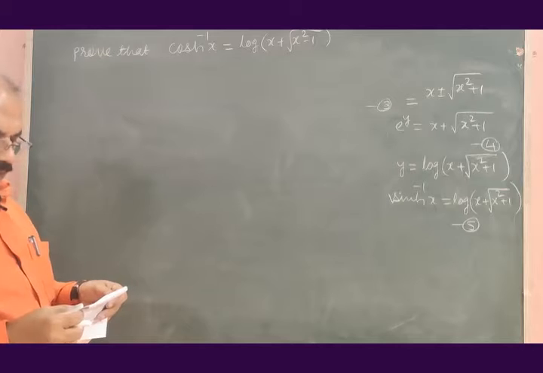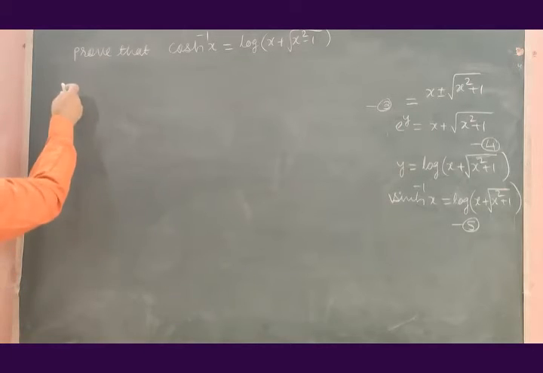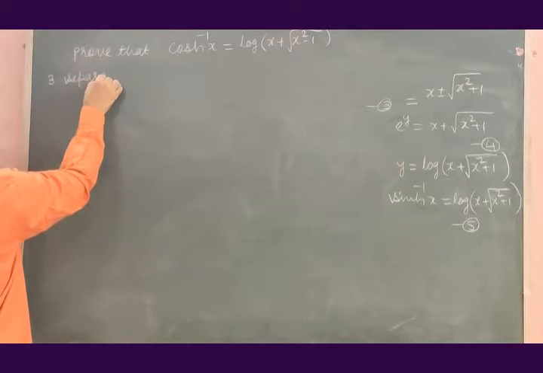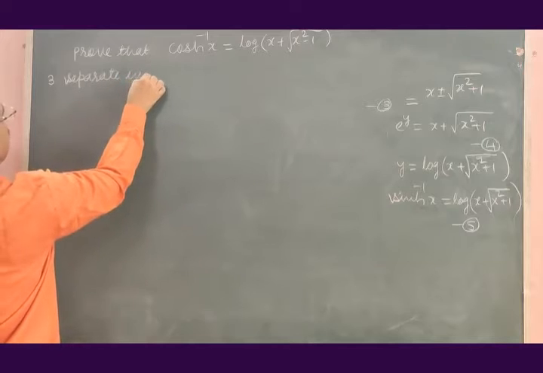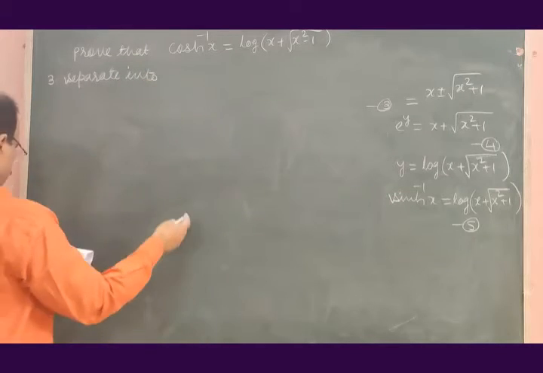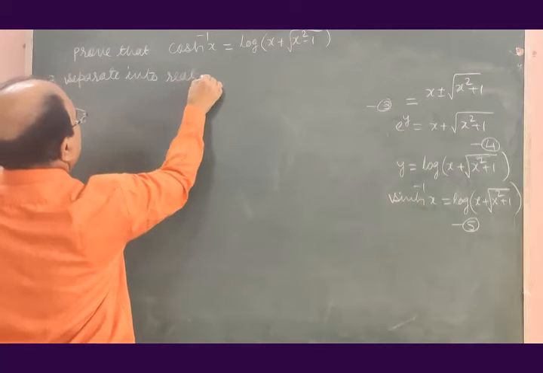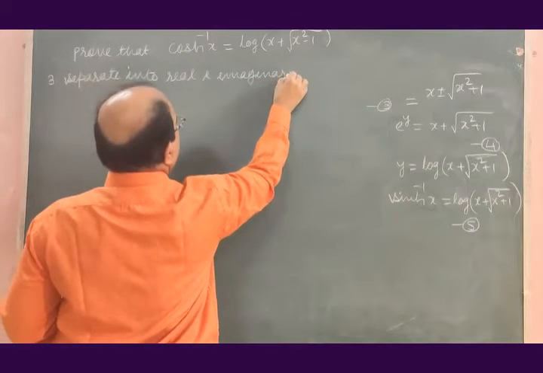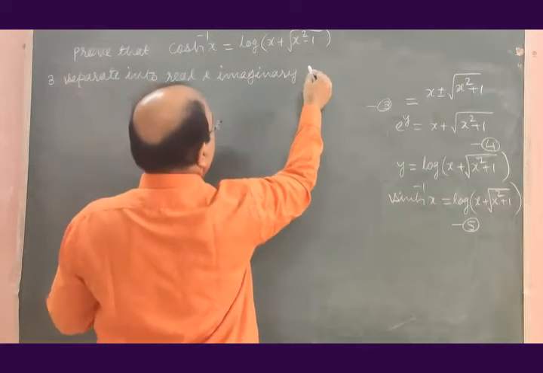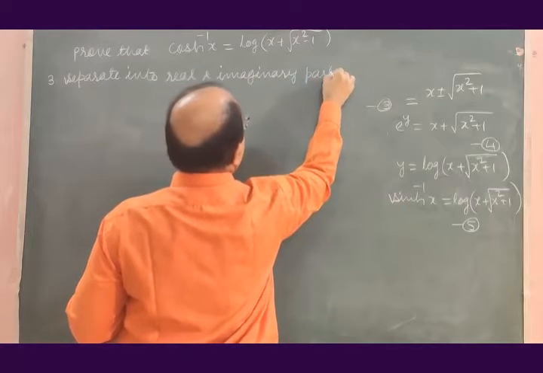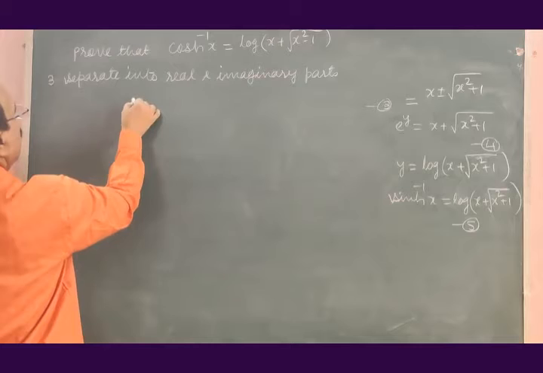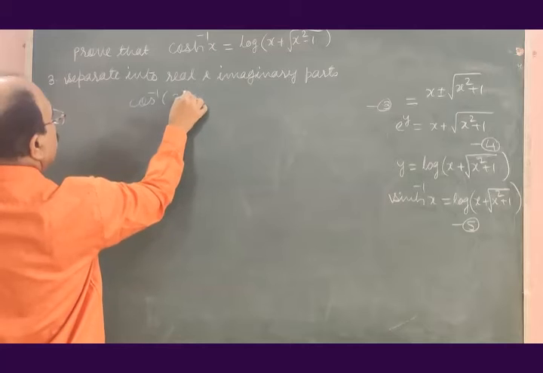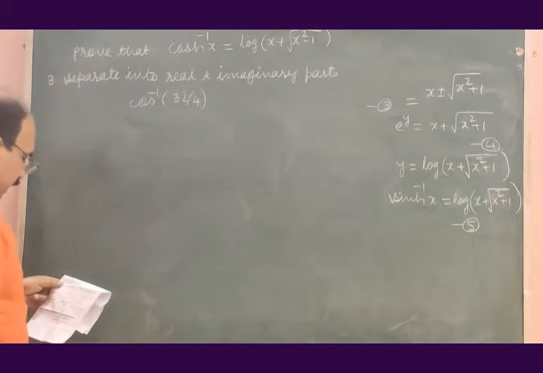Separate into real and imaginary parts. Problem number 3. Separate into real and imaginary parts: cos inverse of 3i divided by 4.